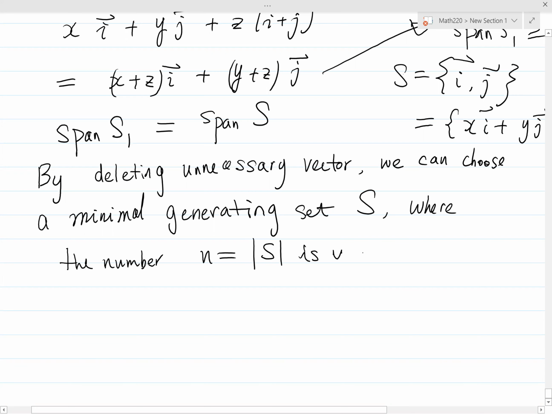This number is called the dimension. We call it the dimension of the span, the dimension of the space spanned by S.